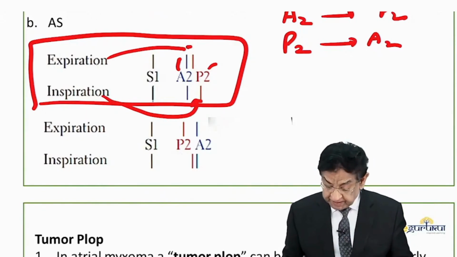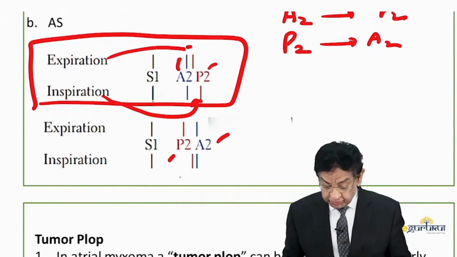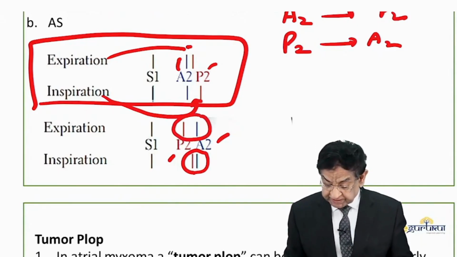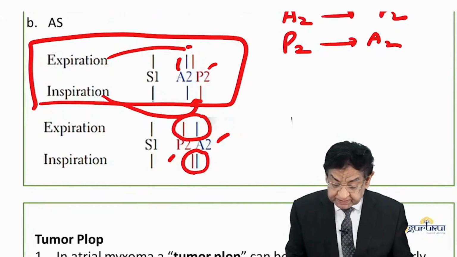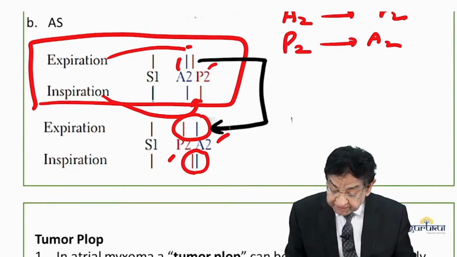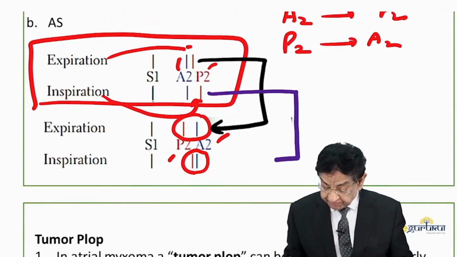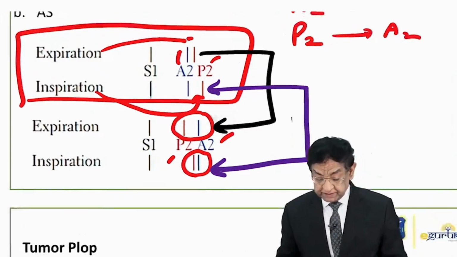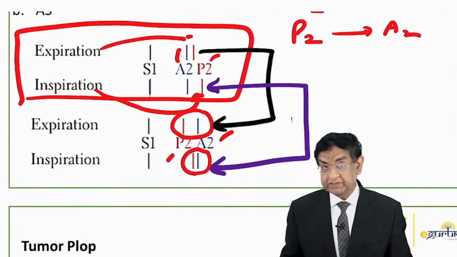But here, P2 coming first, A2 coming later on, and the gap is reduced in inspiration, more in expiration. Compare it. This is the expiration, and this is the inspiration. Now you compare it. So you can see this is so-called reverse splitting of the second sound.